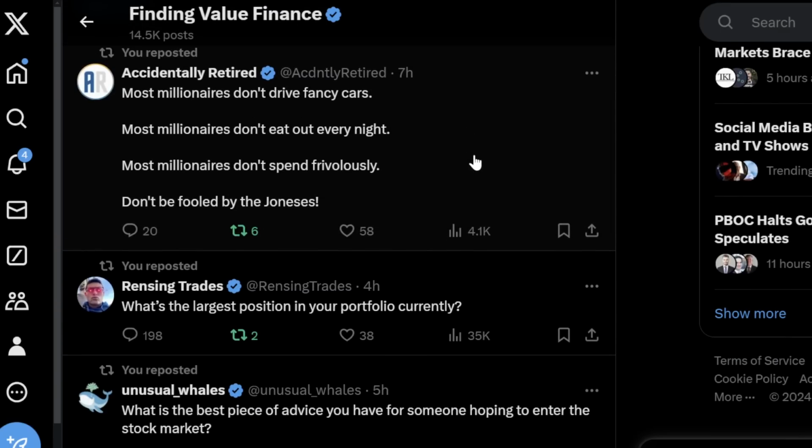Accidentally Retired says, most millionaires don't drive fancy cars. Most millionaires don't eat out every night. Most millionaires don't spend frivolously. Don't be fooled by the Joneses. Well, I can tell you what I do. I drive junky cars. Not all of them, but my dailies are junk. And I hardly ever eat out.